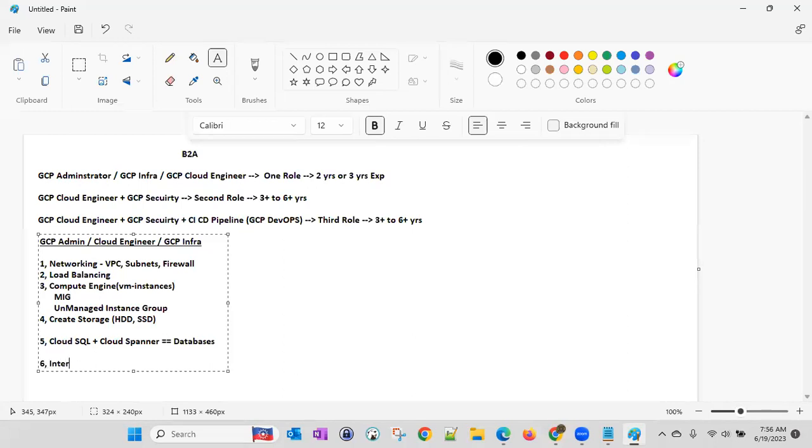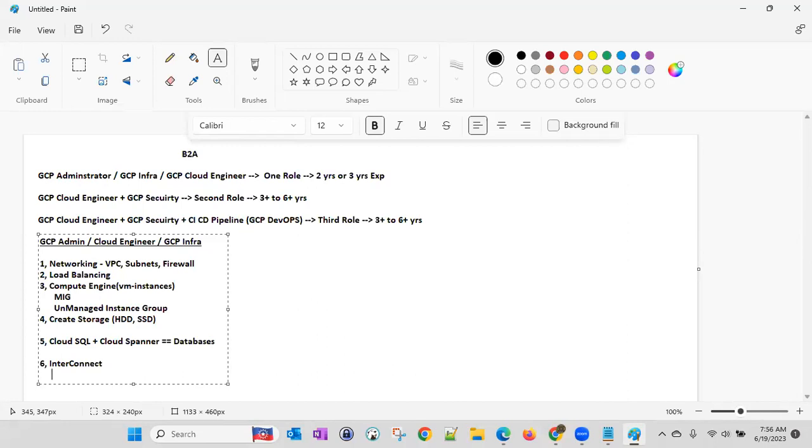Then the last one, interconnect. Interconnect means, suppose I have an on-premises environment, I have an AWS application, I have an Azure application. Some services are in Azure, some services are in GCP. You need to connect them, right?